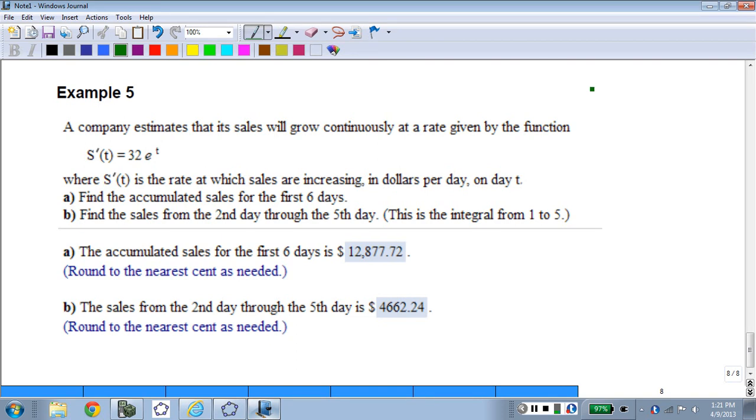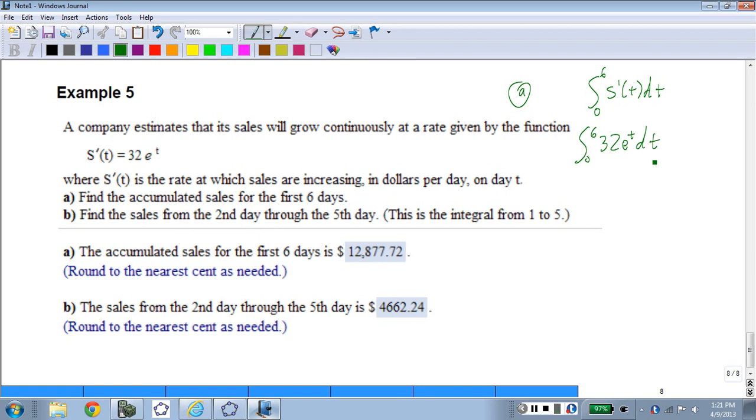So the integral of S prime of t dt, integrate this from 0 to 6. 0 to 1 is day 1, 1 to 2 is day 2, 2 to 3 is day 3, 0 to 6 is the accumulated sales for the first 6 days. And so this is the integral from 0 to 6 of 32 e to the t dt.